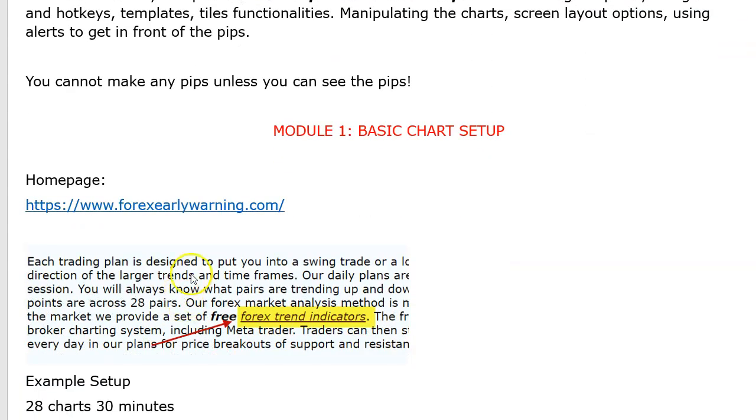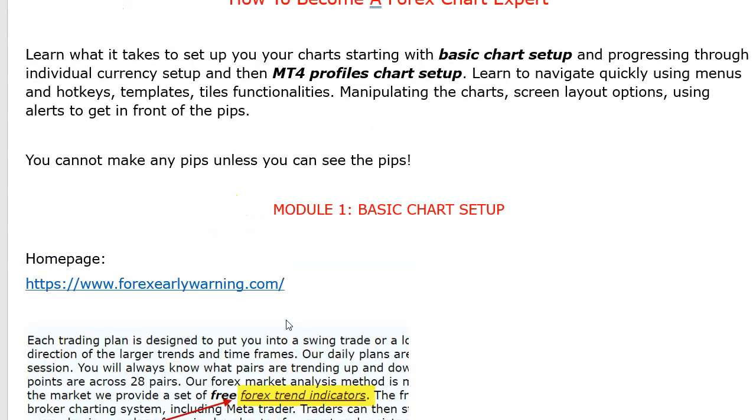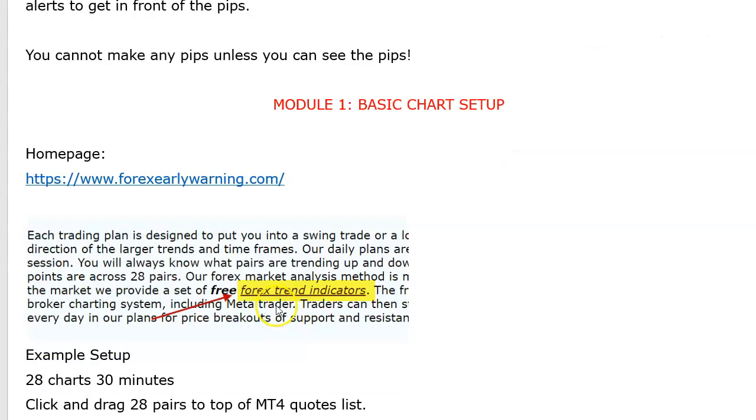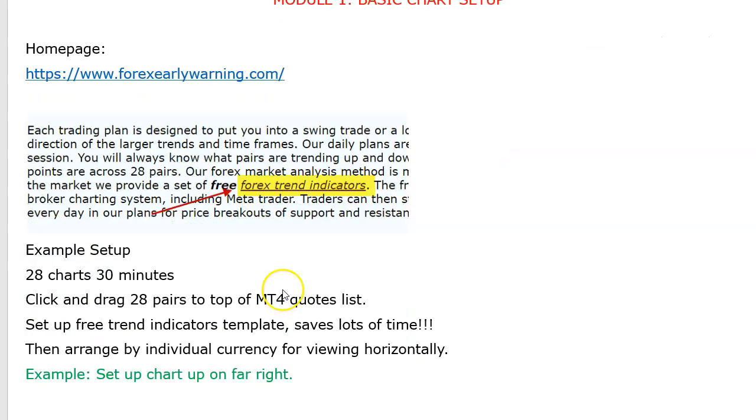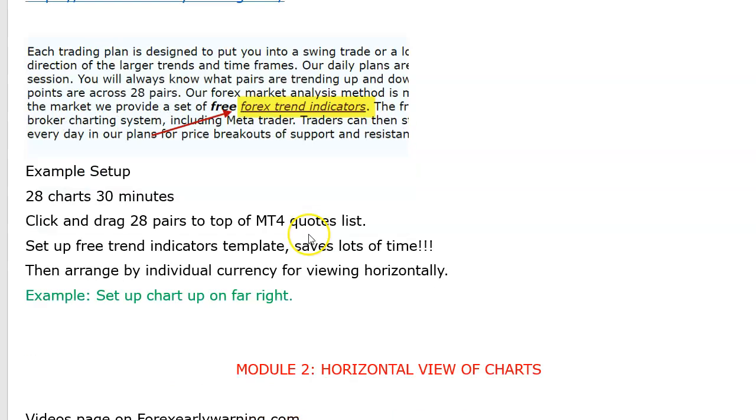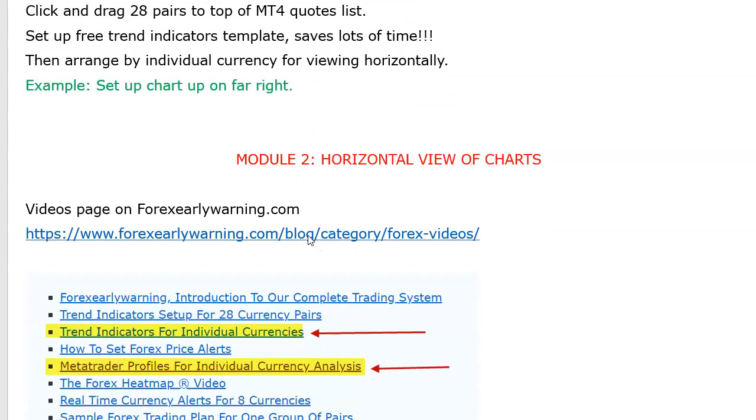The basic chart setup, you just go to the home page of forexearlywarning.com, click on the link, and we're going to do an example chart setup for you. Once you do one, this will get you familiarized with how to do one chart setup, and then you can just duplicate it from there across 28 different pairs.